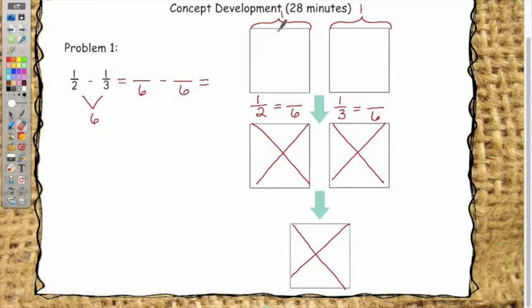All right, so now I have 1/2, and I'm going to shade 1/2. One-third, remember those have to be horizontal, the second ones. And I will shade 1/3.